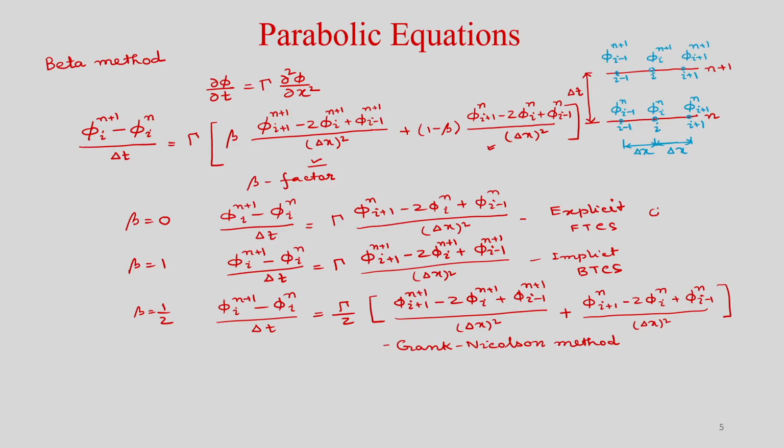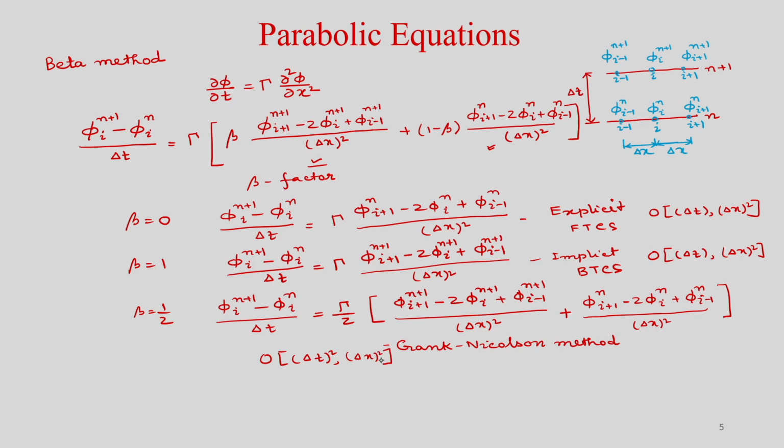But FTCS and BTCS are both first order accurate in time and second order in space, so it is order of delta t and delta x square. The Crank-Nicolson method is second order accurate in both time and space, so it is order of delta t square and delta x square.